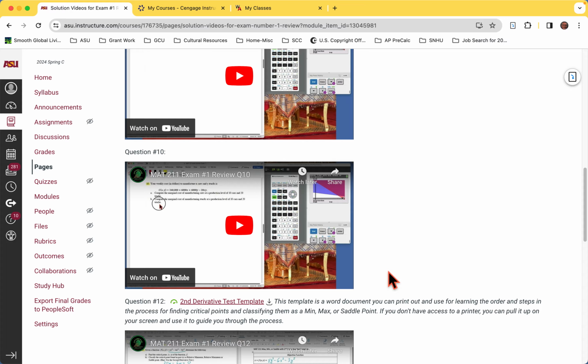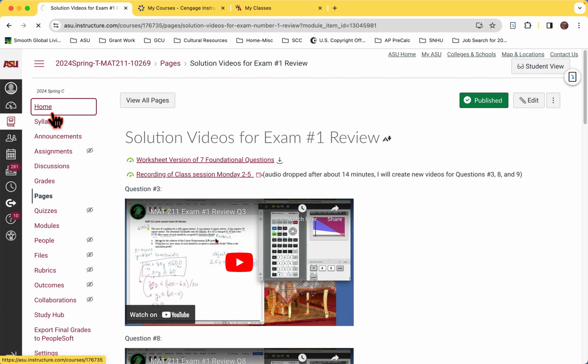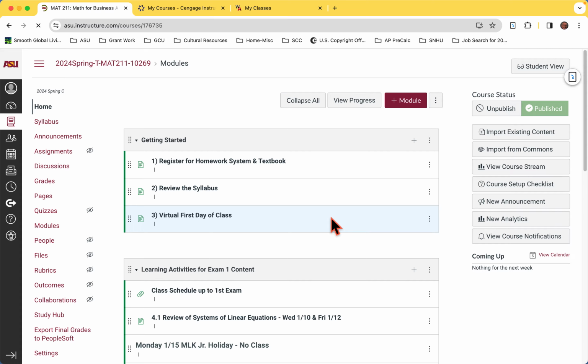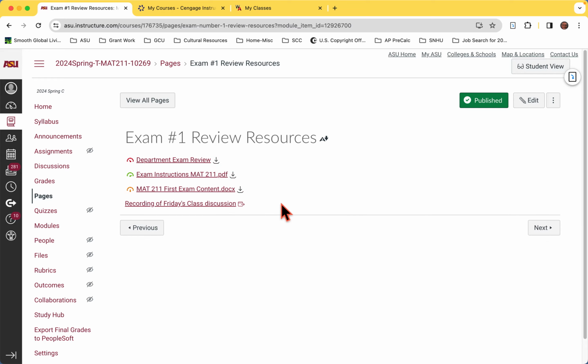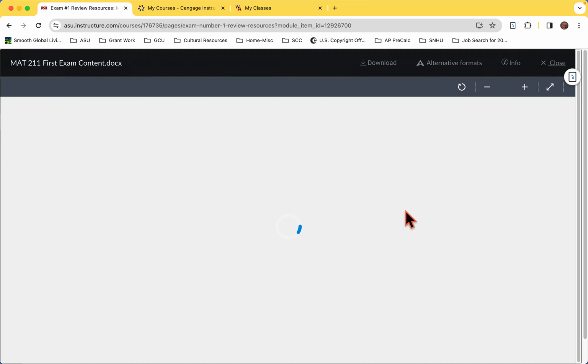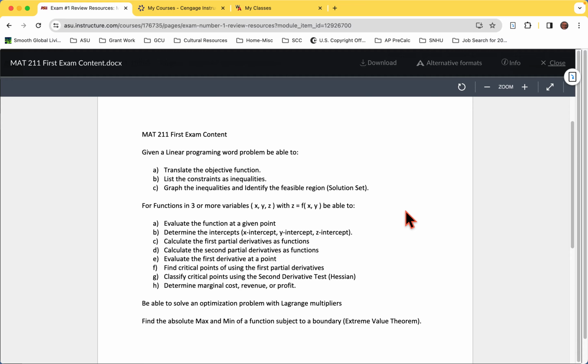That list, which is not here, but in the review resources, is a good list to pull up. See, first exam content. If you pull up this Word document, just go through and check off these. Do you know what each of these are?